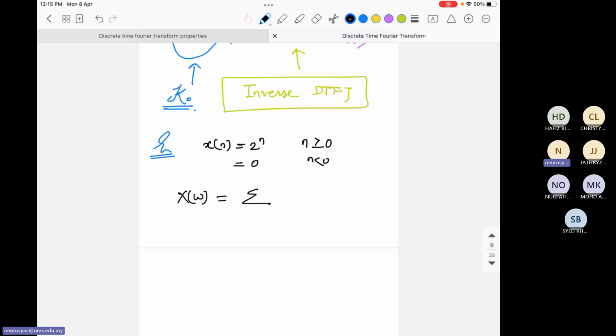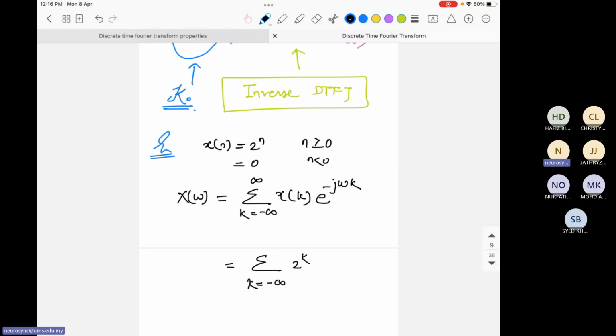So I will use this formula, with the other notation k: summation over k from minus infinity to infinity of x of k e to the power minus j omega k. Now what is x of k? Our given sequence is 2 to the power n, so I can write 2 to the power k here.